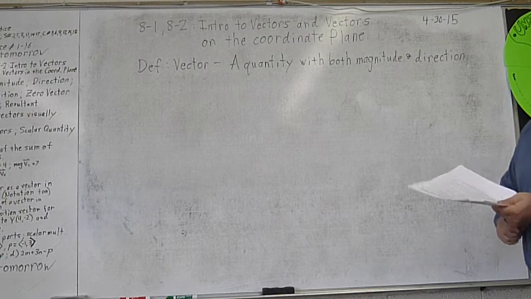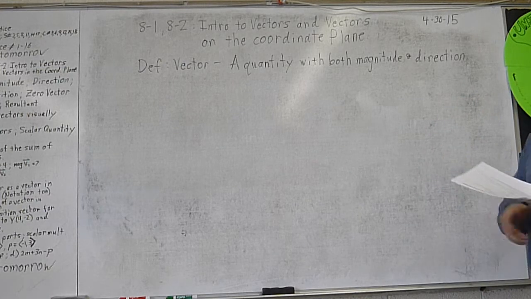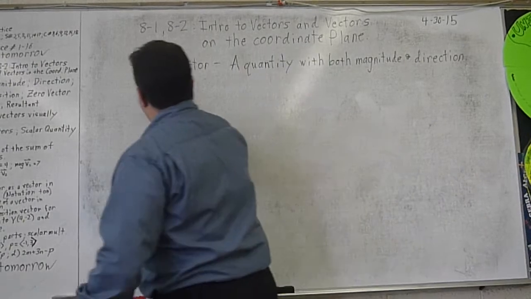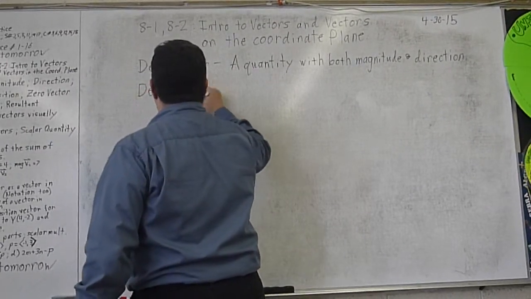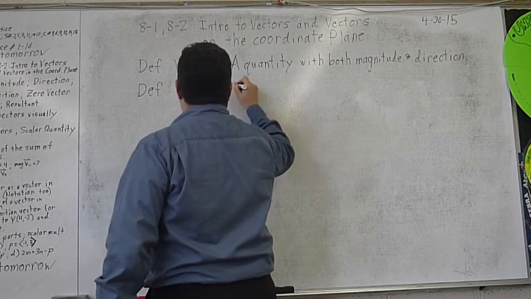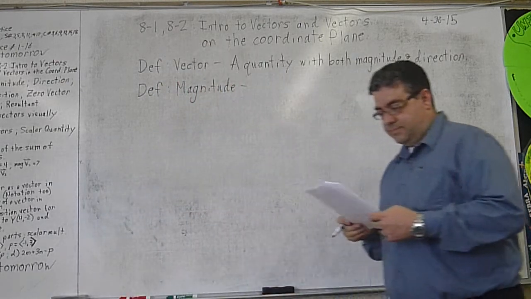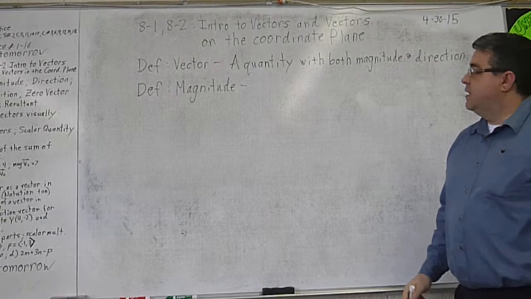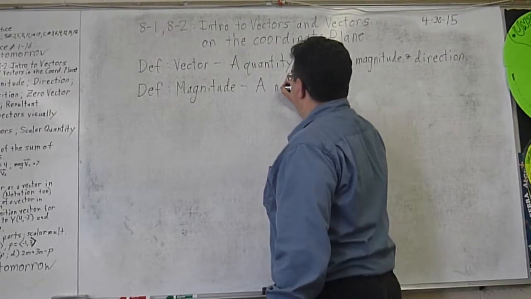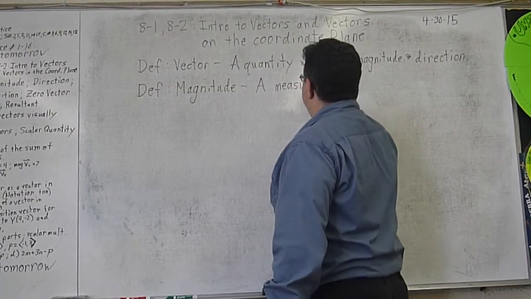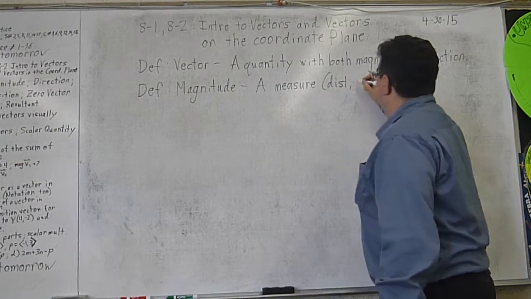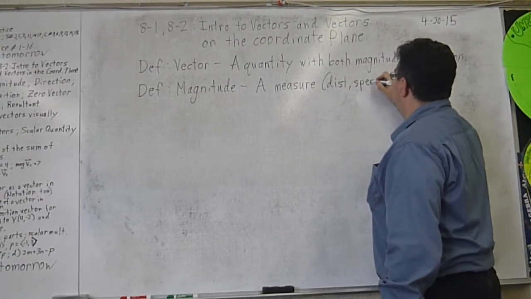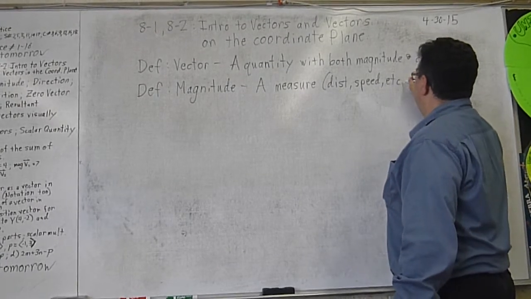So that's a vector. Of course, if you're going to define a vector that way, you need to know what those terms are. So, definition, magnitude. Is a measure such as distance or speed and other things.